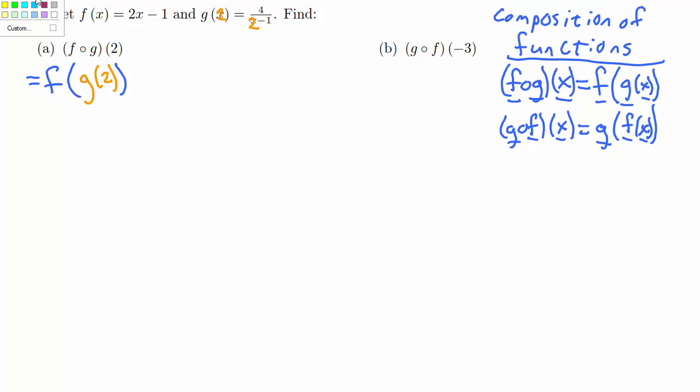So that's going to give me f of whatever g of 2 is. Notice that g of 2 is just 4 divided by 2 minus 1. And then you simplify it. 2 minus 1 is 1, and then 4 divided by 1 is 4. So that means that we would have f of 4.